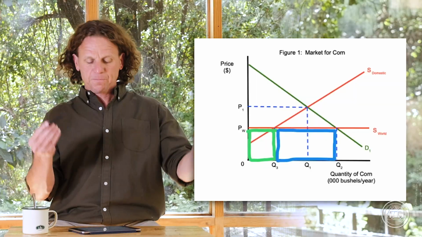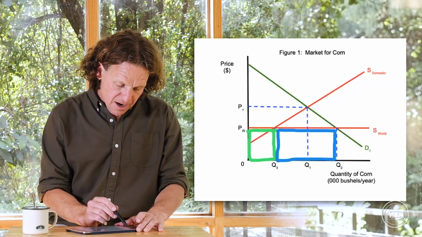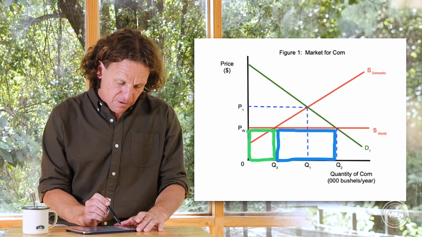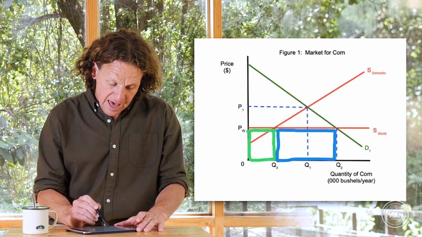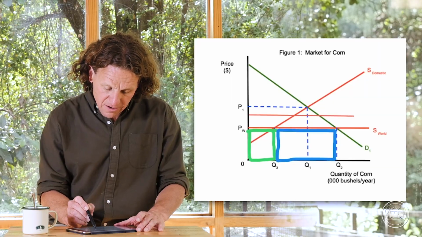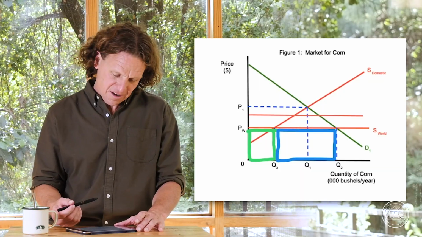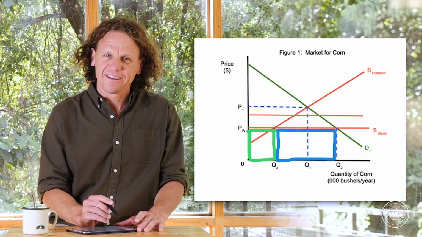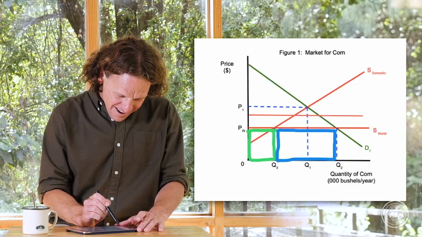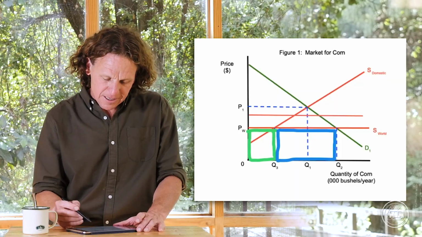And what do they do? They put a tariff on goods coming in from outside the United States at a price level that is higher than PW. Okay, so what is this?